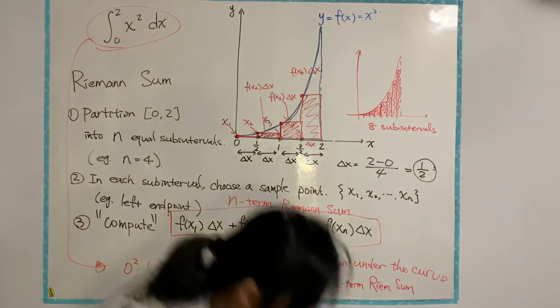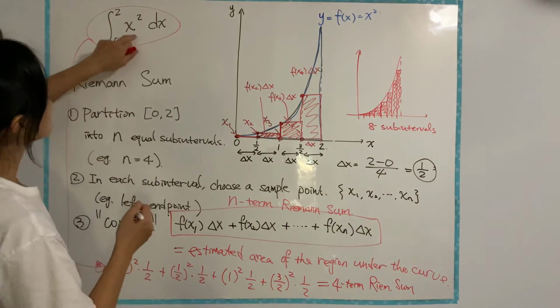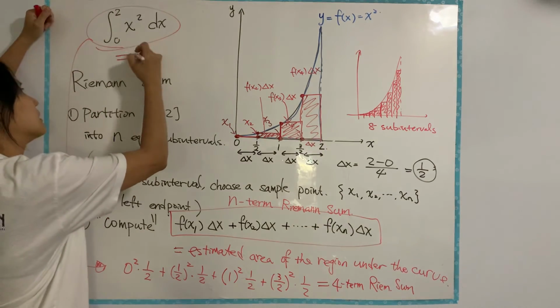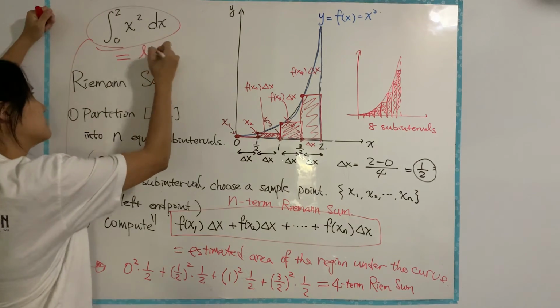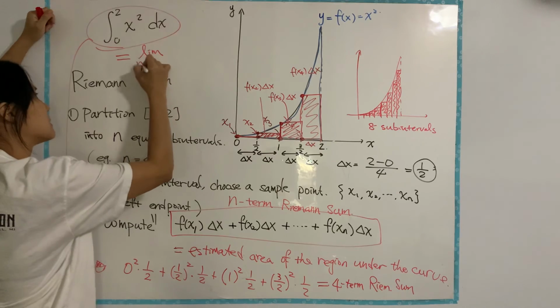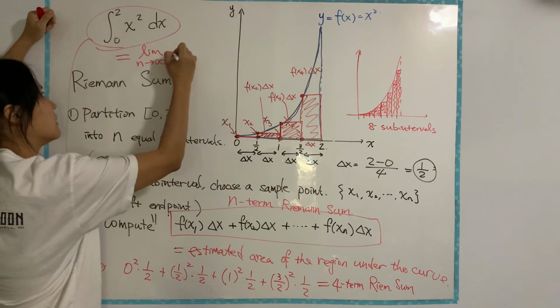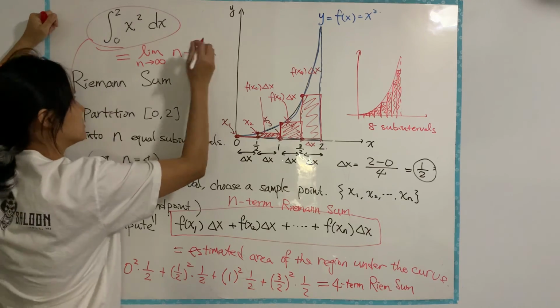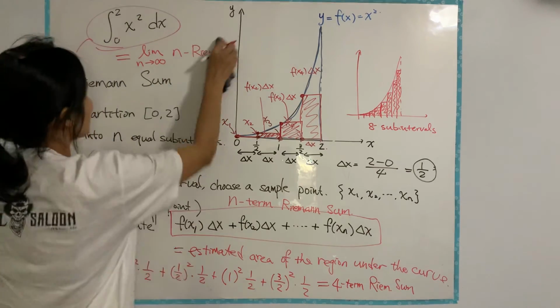So this actual area can be obtained by taking the limit of n-term Riemann sums.